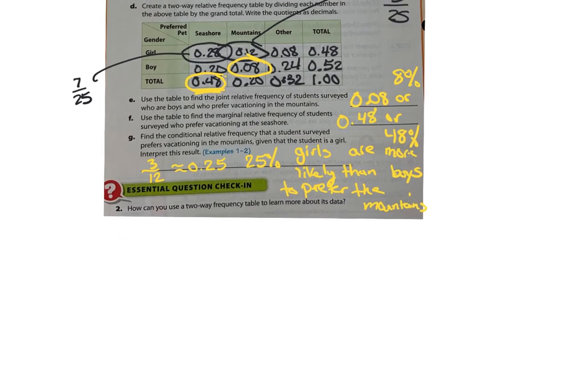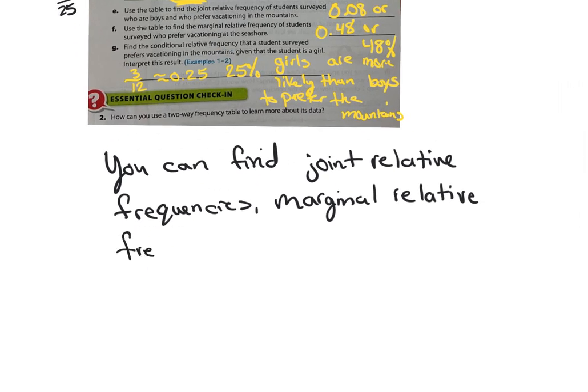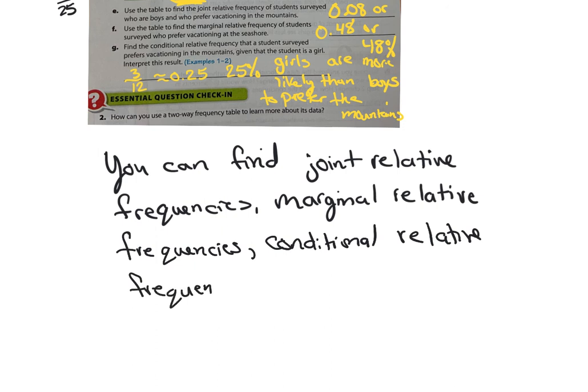Okay, we can use them to find joint relative frequencies, the marginal relative frequencies, and the conditional relative frequencies, and you can look for associations.